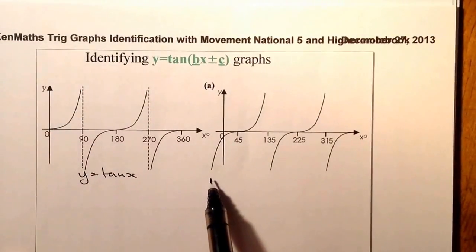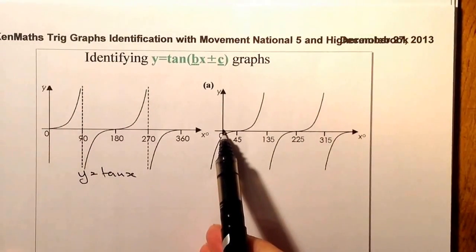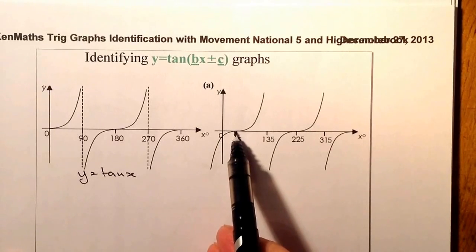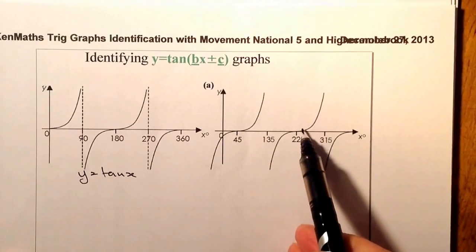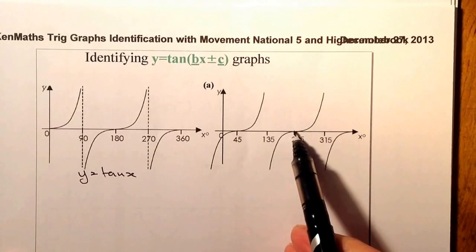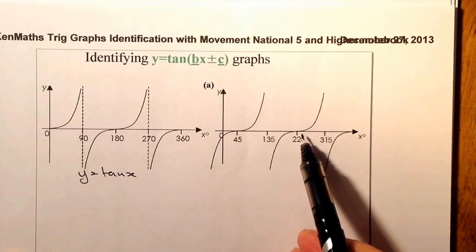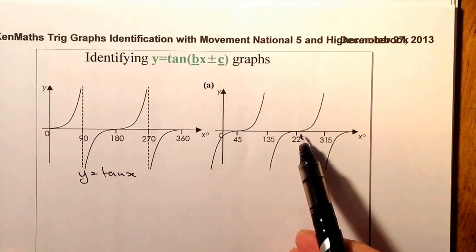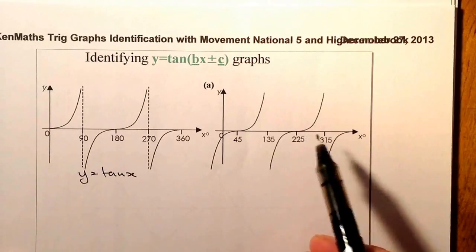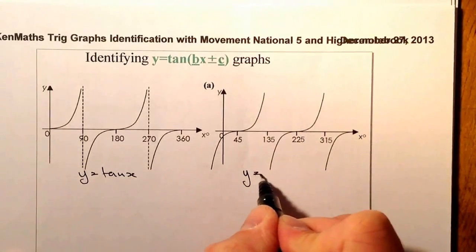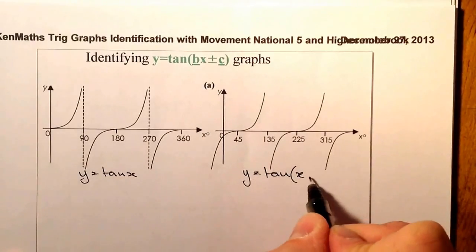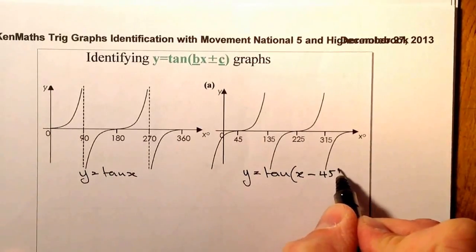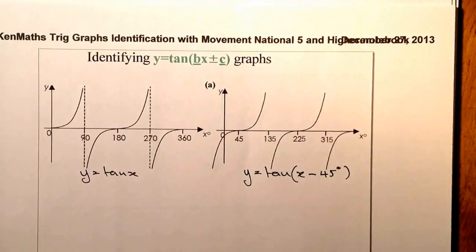This time here, what we've got is instead of starting at 0, looks as though we've moved it to the right by 45. Yep. And usually it goes through here at 180, but it's moved along again by 45 degrees. So what this will give us is y is equal to tan, and it's going to be x. It's moved to the right, so it's a minus, okay? 45 degrees.